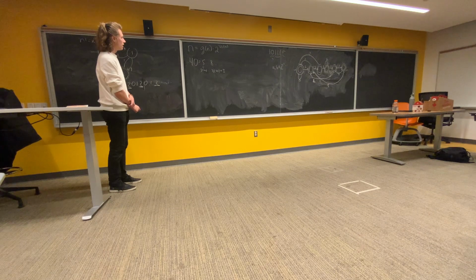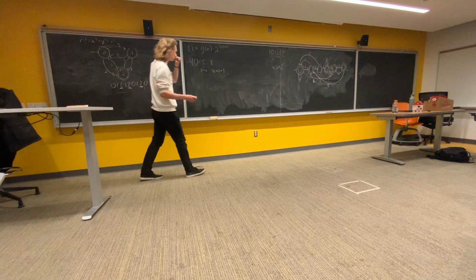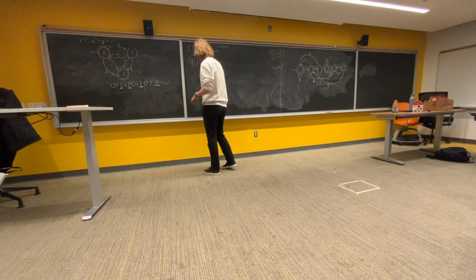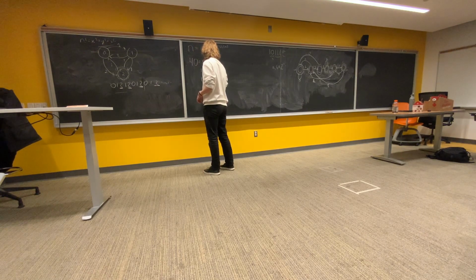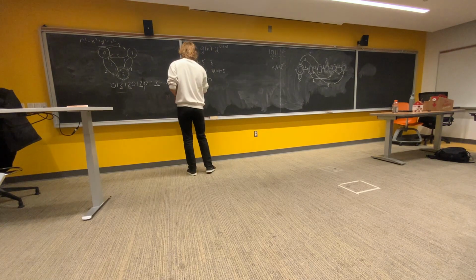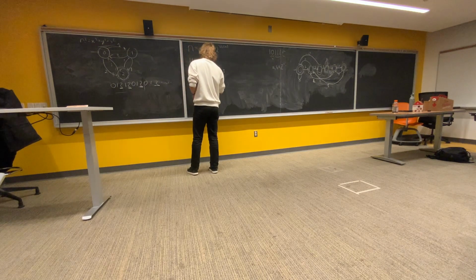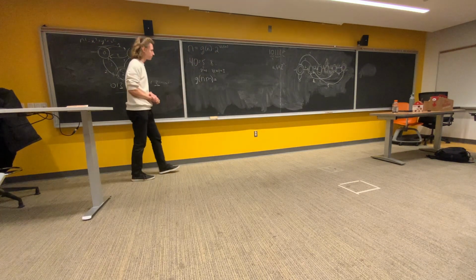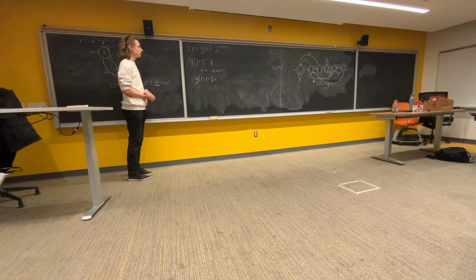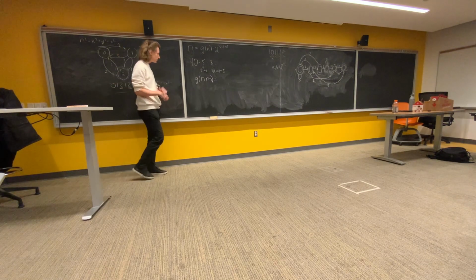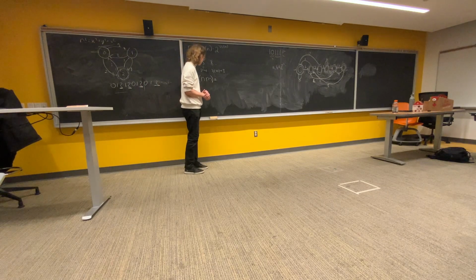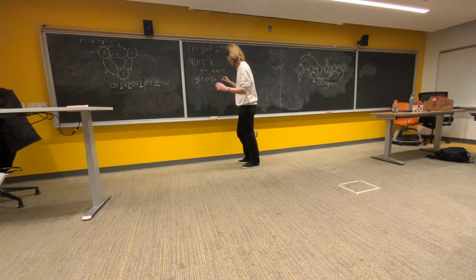Okay. And if I take a product of 2 numbers, so let's say I have n times m, what would the odd part of n times m be? Well, it's just the product.